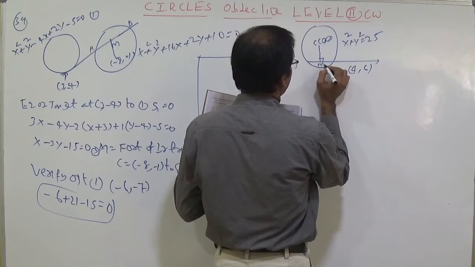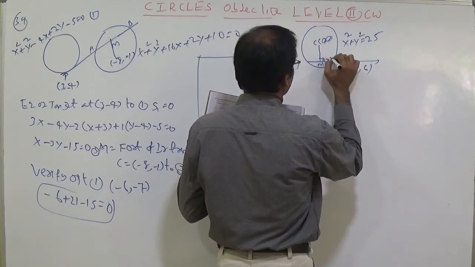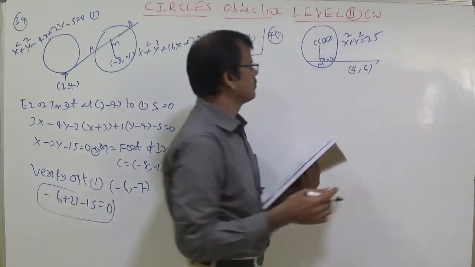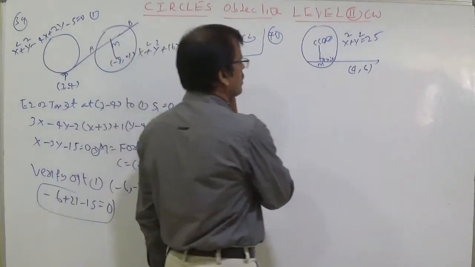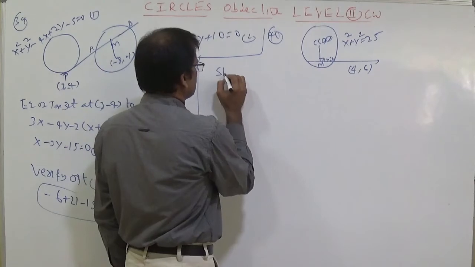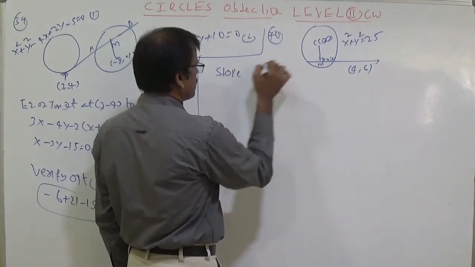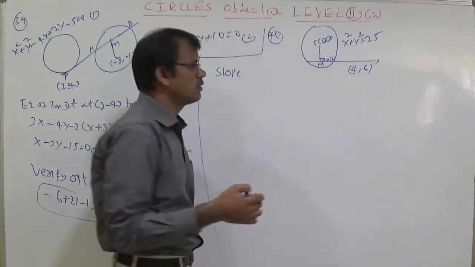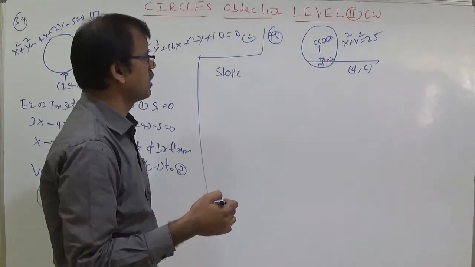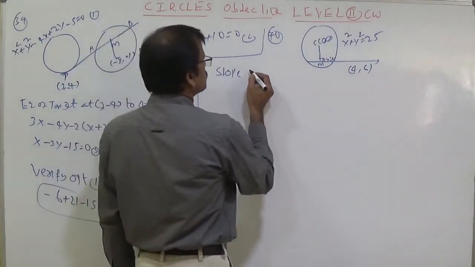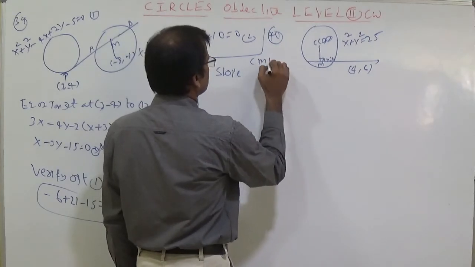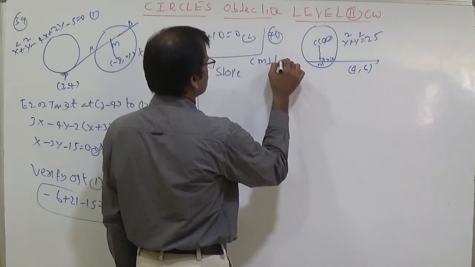This is the midpoint (x1, y1). Whenever midpoint M is there for the chord, a line drawn from the center to the midpoint of the chord is always perpendicular to the chord. So CM is perpendicular to the line or chord.